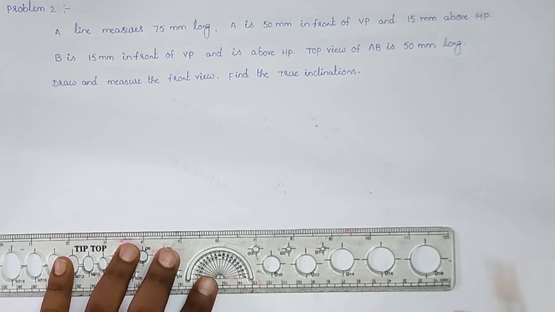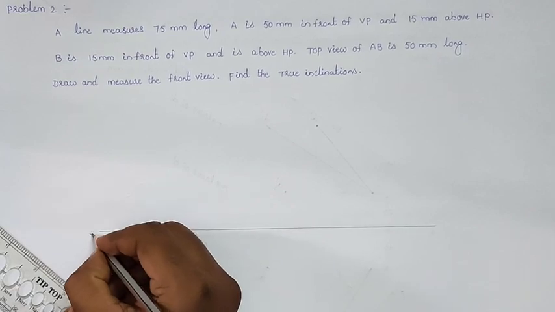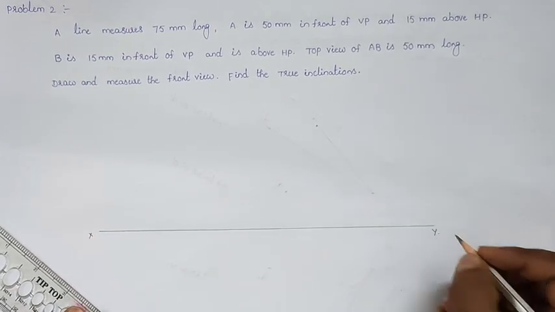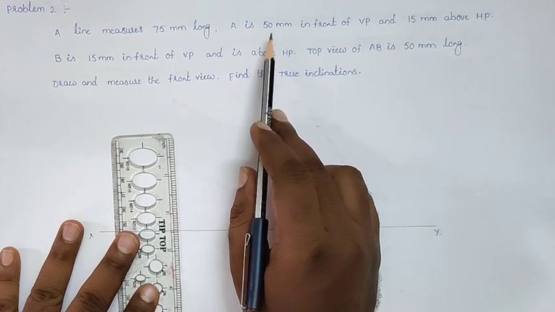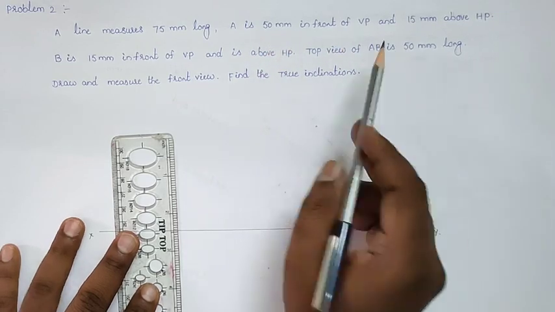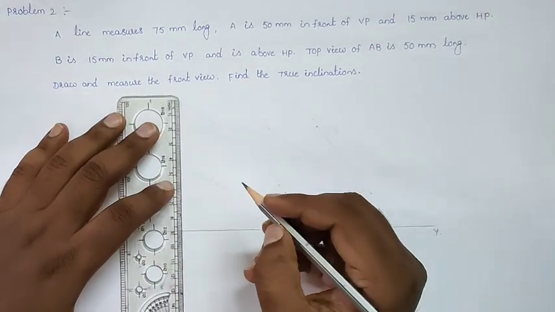So first of all, we will draw the reference line. After constructing the reference line, we will give preference to the point notation here. Point A is 50 mm in front of the VP and 15 mm above HP.